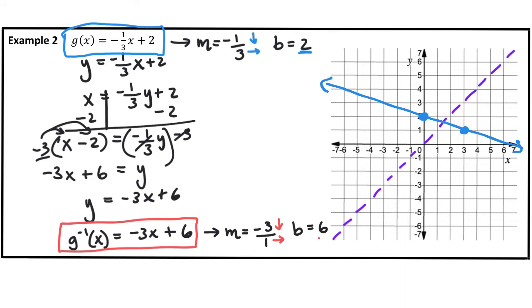But my starting point is going to be at 6, so I'm going to go up here at 6, my first red dot. Then I'm going to go down 3, 1, 2, 3, and to the right 1, and then I'm going to graph with my ruler.